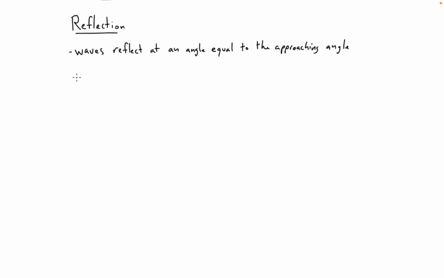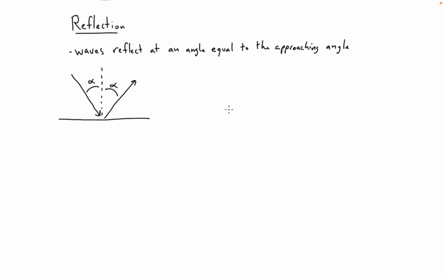So to illustrate that, if we imagine there's some surface, this could be like light in a mirror, could be water waves coming into a concrete wall. So they're traveling in some direction. Let's define that direction by this angle alpha. The wave is going to bounce off at that same angle.